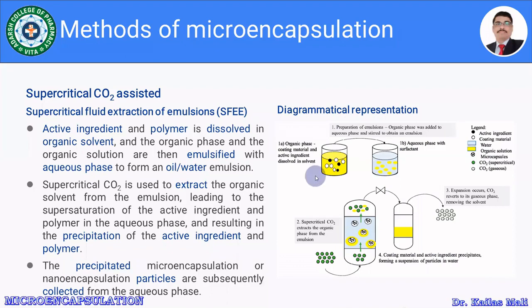First of all, in the first beaker, the organic phase is prepared by dissolving the coating material and active ingredient. Select a suitable organic solvent, then dissolve the coating material and active medicament in it. Then emulsify it with the aqueous phase, which contains the surfactant, so that we get an O/W type of emulsion.